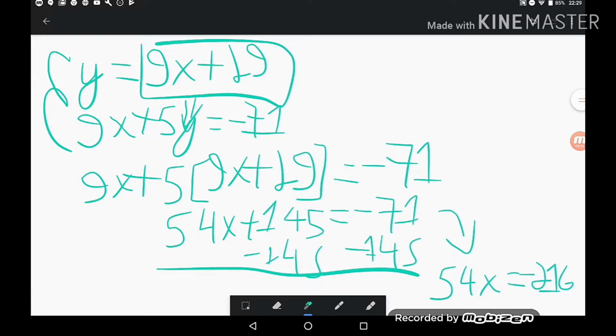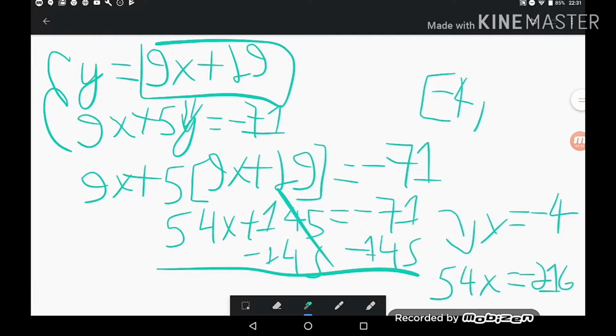So 145 and negative 145 cancel each other out, leaving you with negative 71 minus 145. You'll get negative 216, and set that equal to 54x. And of course you divide both sides by 54 to get this. You get x equals negative 4.